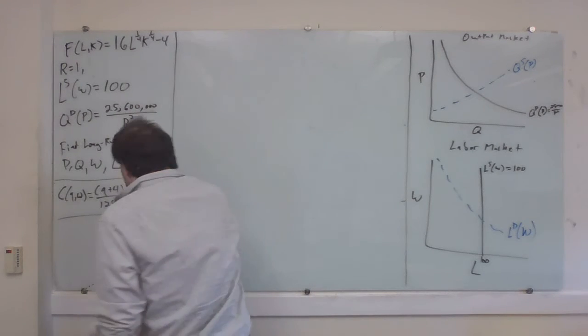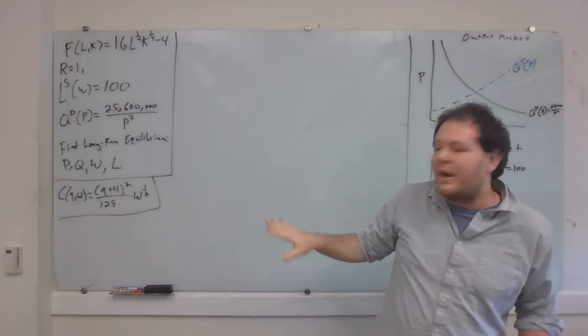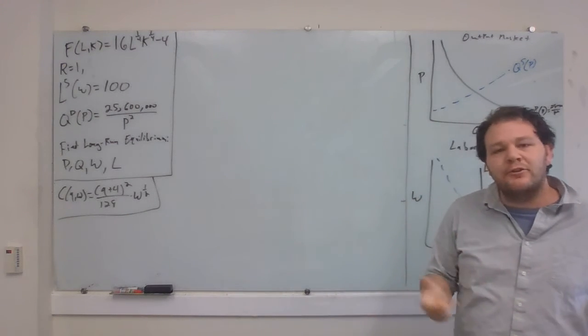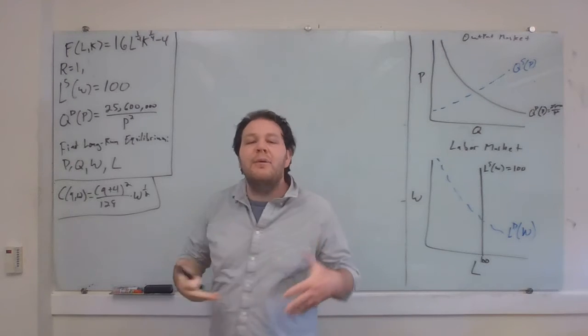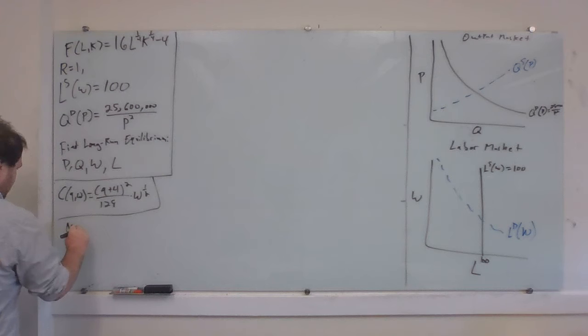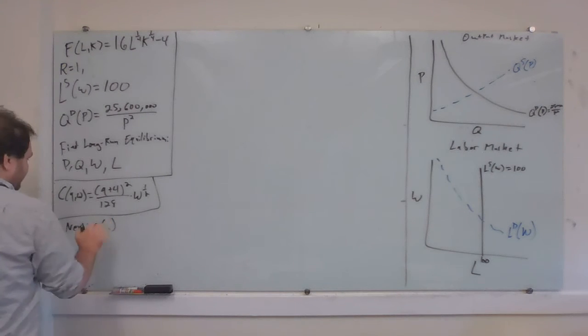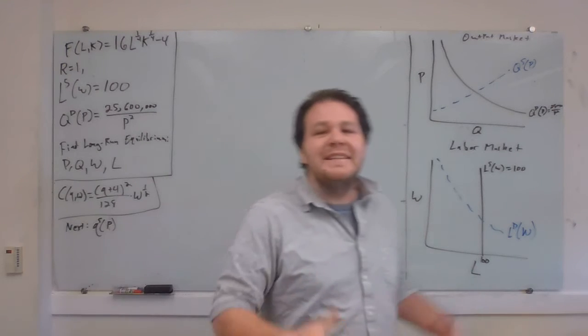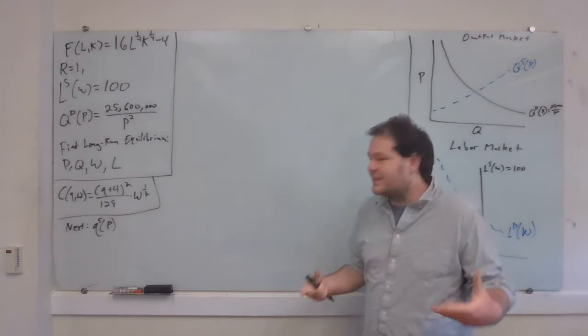Okay, so the reason we found a cost function, right, the reason we did all of this was because we were hoping that finding a cost function would help us figure out a firm supply, right? Our next goal is to find the firm's quantity supplied. The reason we want the firm's quantity supplied is because that should help us find the industry quantity supplied.